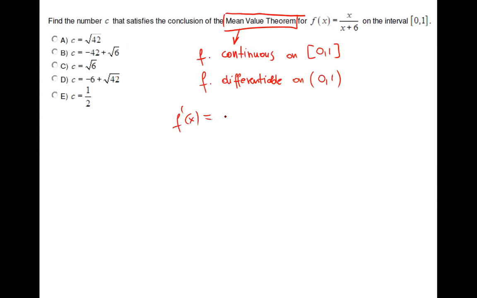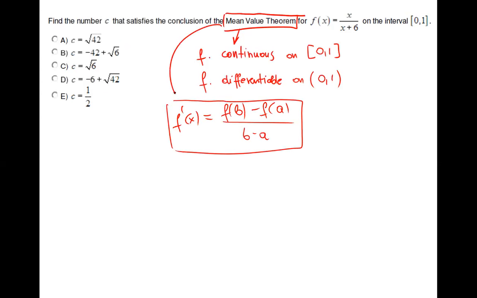The derivative is the same as the average rate of change, f of b minus f of a over b minus a. Okay, that's again the equation that we have to remember. If you see a question asking for the mean value theorem, start with your equation. I have to find the derivative on the left, and whatever value you get, that x value will be that c.